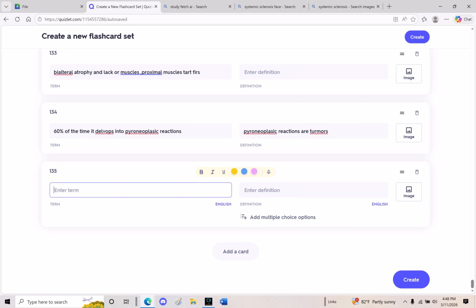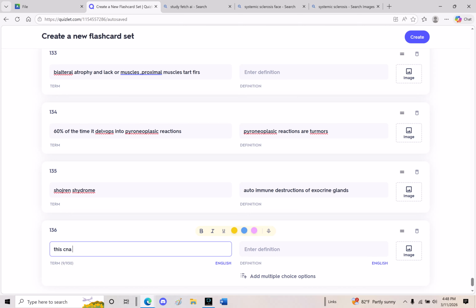So, the last condition is Sjogren syndrome. We talked about this once before. It is the autoimmune destruction of exocrine glands, which are responsible for production of fluid. So, if you have Sjogren's syndrome, you are dry in places you should not be dry, like your eyes, your mouth, your gastrointestinal system, lining your organs.